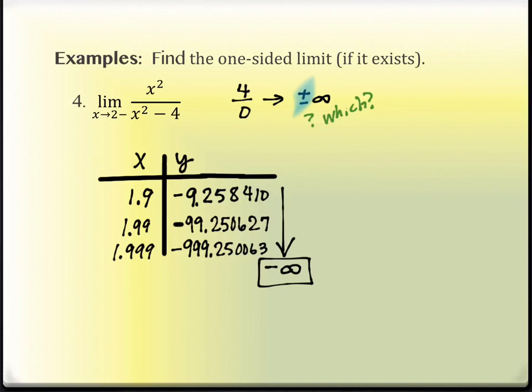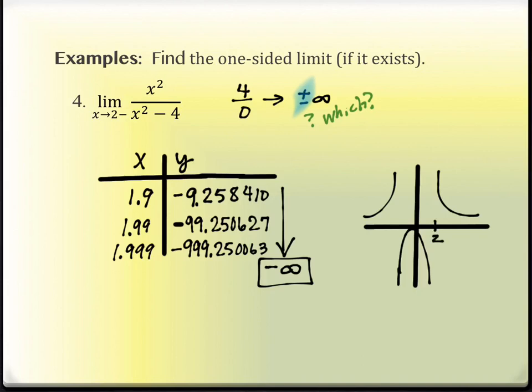If you're going to do this from the standpoint of a graph, your graph would look something like this. You're looking at 2 from the left, so 2 is here, and 2 from the left would be these values down here. So you're not going to just go circling all the places where it goes up and down. We did that on the first one because we were asked 2 questions.